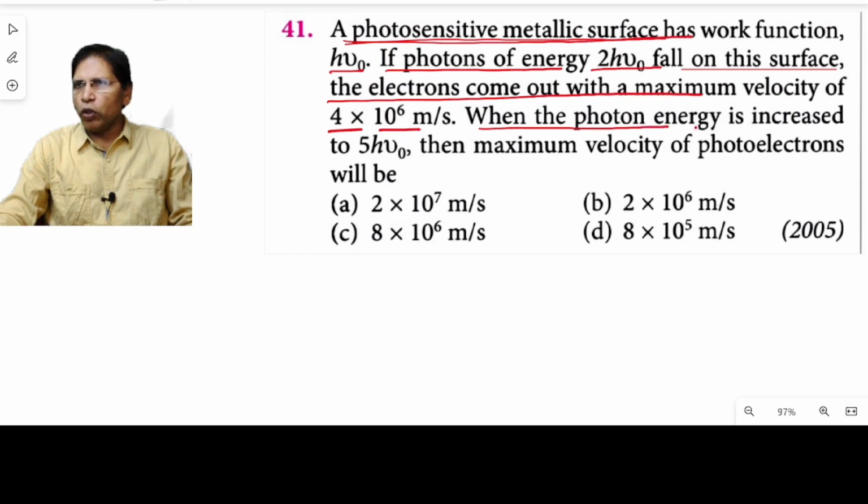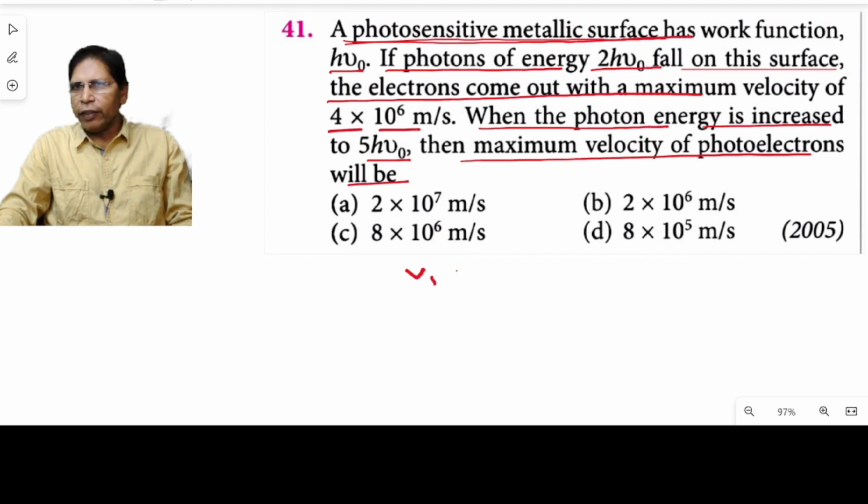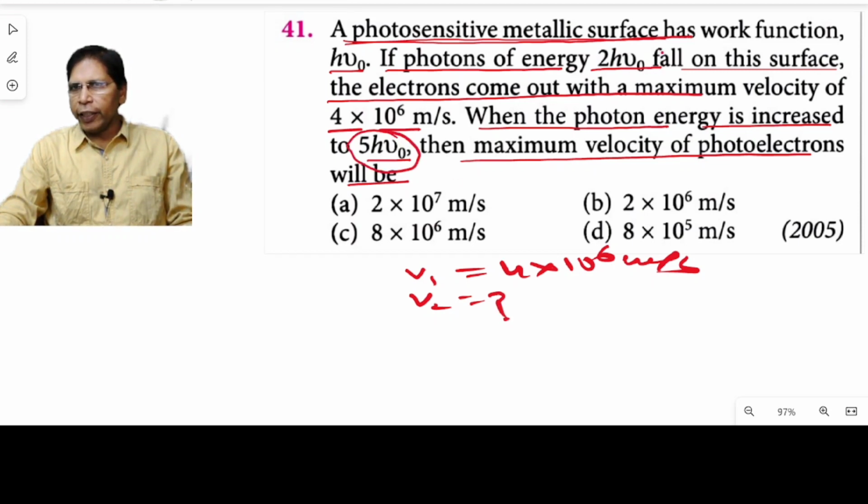When the photon energy is increased to 5 h nu naught, the maximum velocity of the electron will be? Now look at this. Here V1 is equal to 4 into 10 to the power 6 meter per second. We have to calculate V2 when the energy of incident radiation increases from 2 h nu naught to 5 h nu naught.